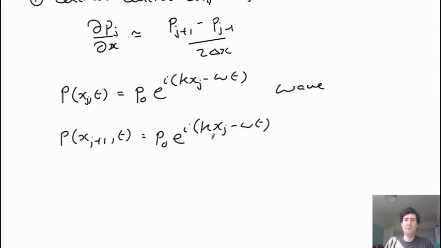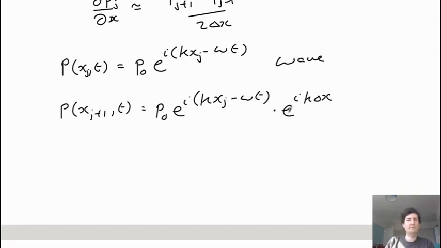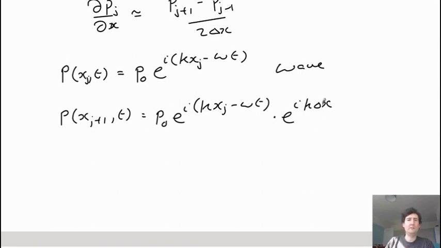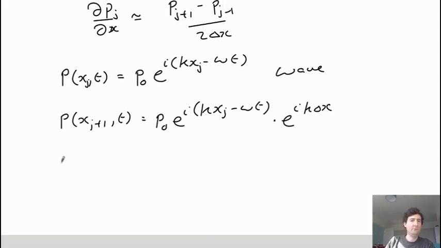And then here we've added 1 to this, so this turns up as a factor e to the ik delta x, because that changes this from xj to xj plus 1. And the same with j minus 1 becomes e to the minus ik delta x. And so therefore we can write down this formula here.